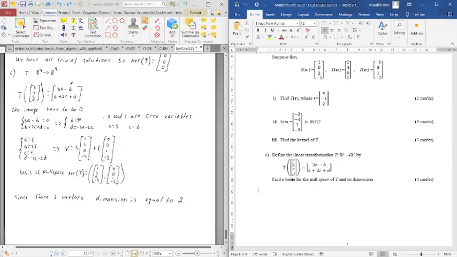We make it equal to 0, and from here we can see b is equal to 3a and d is equal to negative 3a minus 2c. A and c are free variables here. Why are a and c free variables?